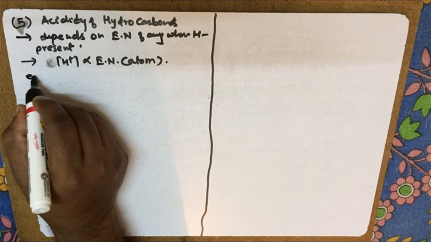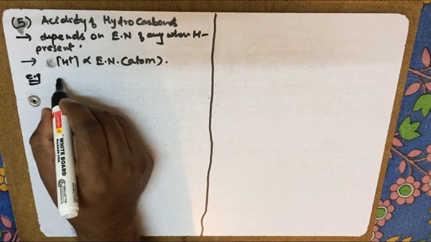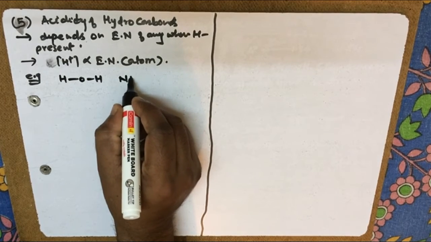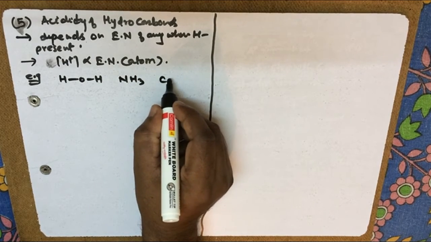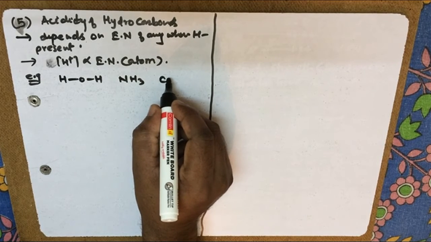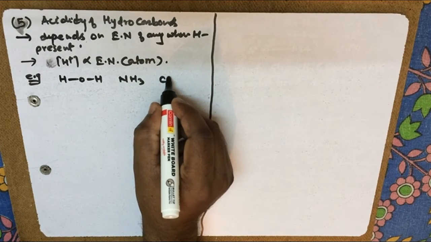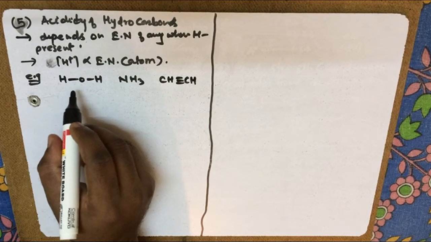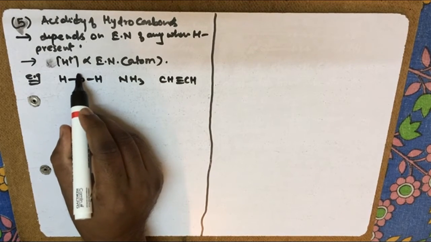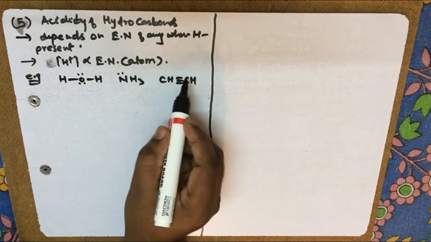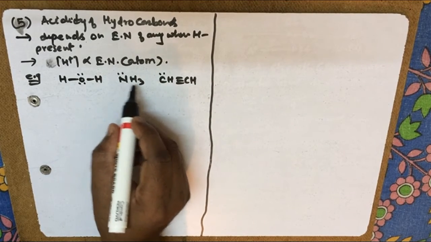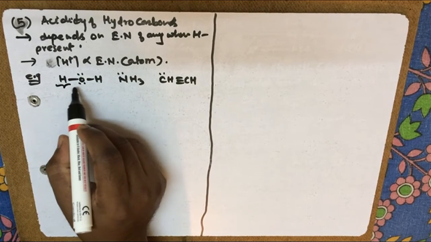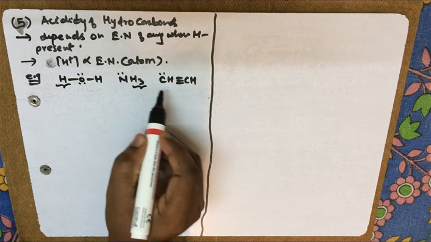so if you see example here, your water molecule, and you have this ammonia, and you have this methane. So electronegativity of this oxygen is higher than nitrogen, higher than carbon. So this hydrogen will be more acidic than this hydrogen.